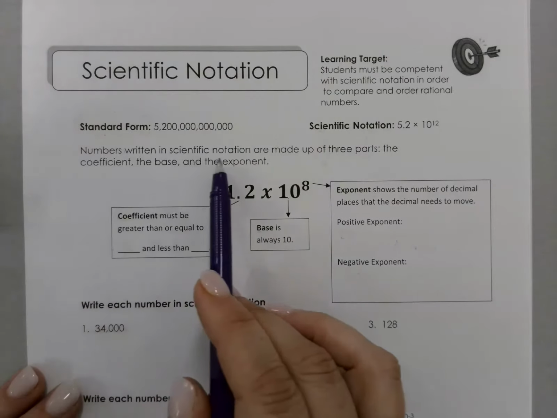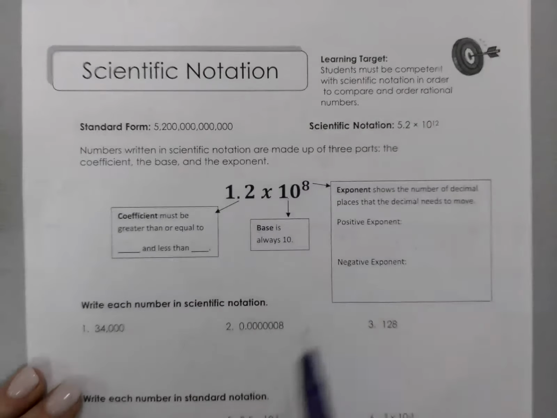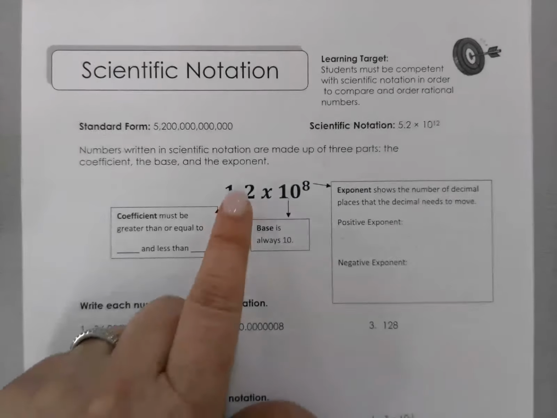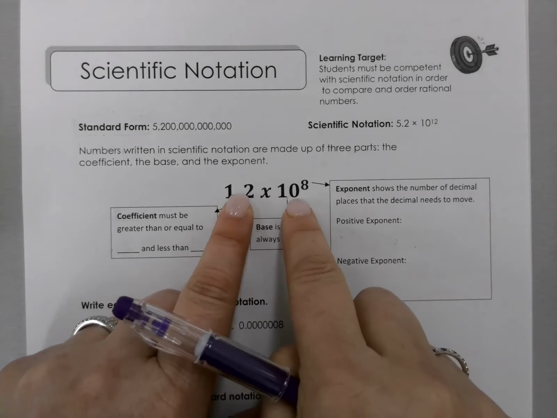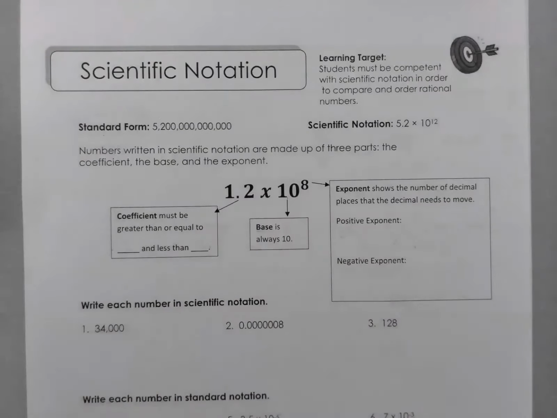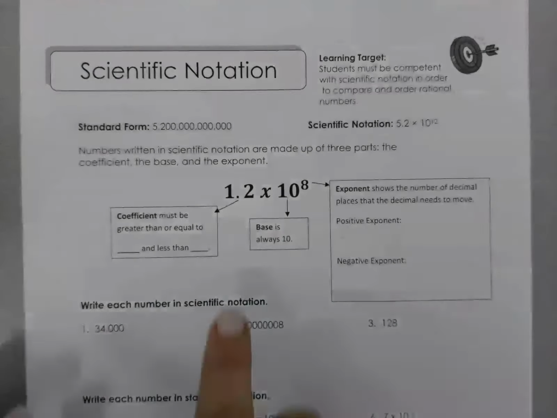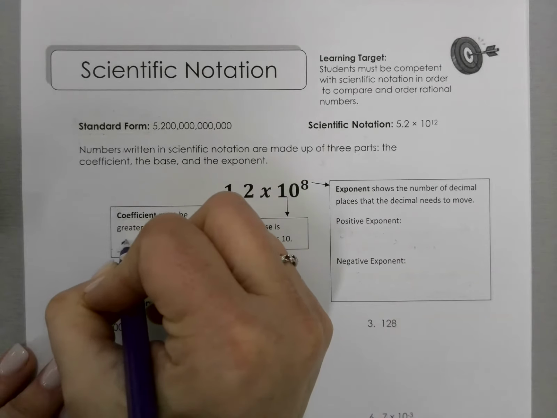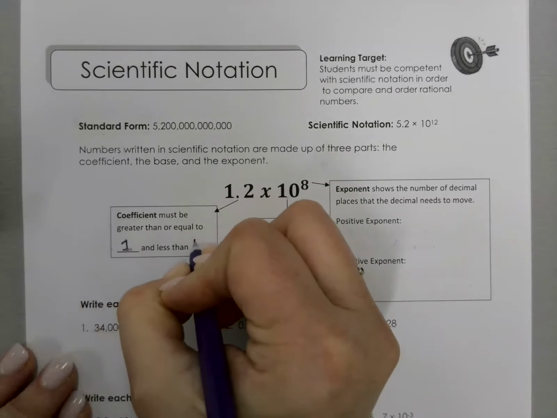Numbers written in scientific notation are made up of three parts: the coefficient, the base, and the exponent. Scientific notation is a product of two numbers, this coefficient and the base with the exponent. So let's look at the coefficient. That first number must always be greater than 1 and less than 10.